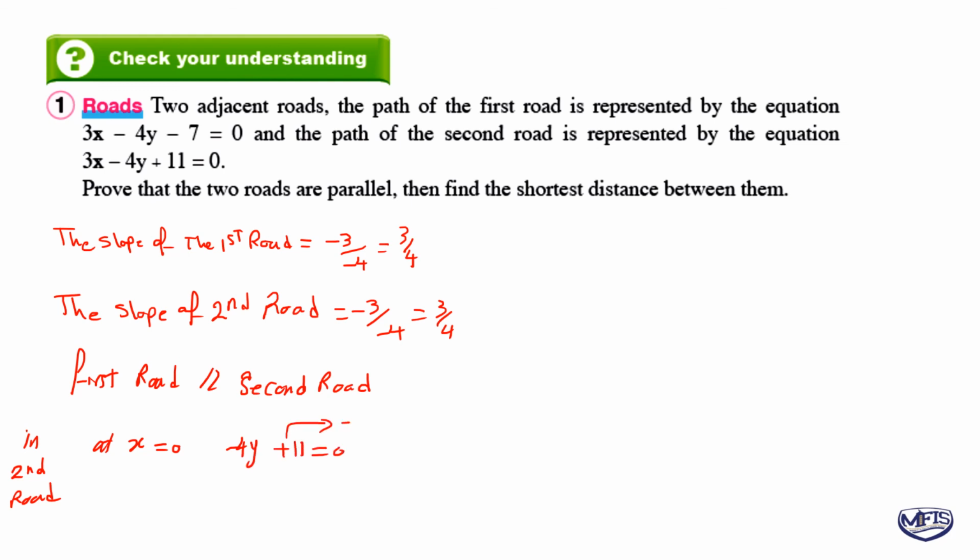So move 11 to the other side with a negative sign. So negative 4y equals negative 11. So y equals 11 over 4. So we have the point 0 and 11 over 4, and this is the point which belongs to the second road.